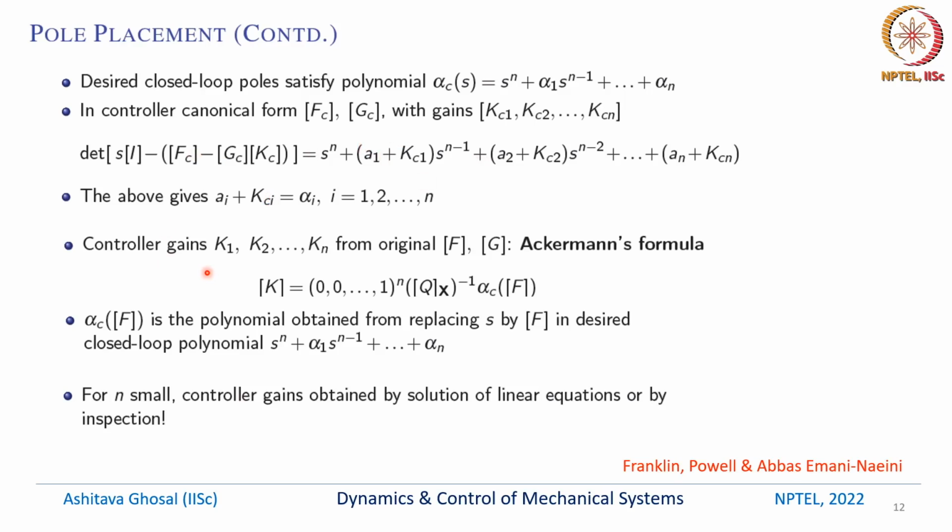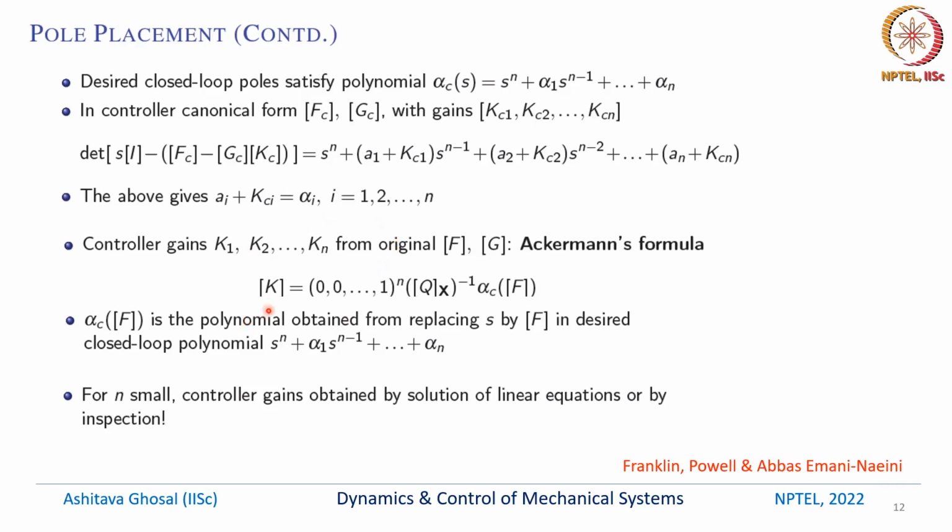How do we find the controller gains when it is given in the F and G, not in the canonical form? So let's call those K1, K2 all the way till Kn, and these are for the original F and G matrix. This is a very well-known formula in linear controls, called Ackermann's formula. I am not going to go into the proof of this formula, and you can please see many textbooks, for example Franklin, Powell and Abbas Emami-Naeini, Feedback Control of Dynamical Systems.